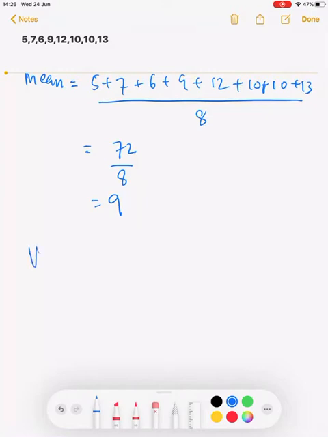Again, we want to calculate the variance. The easiest way is to sum up the square of all the data, divide by the total frequency, minus the mean squared.